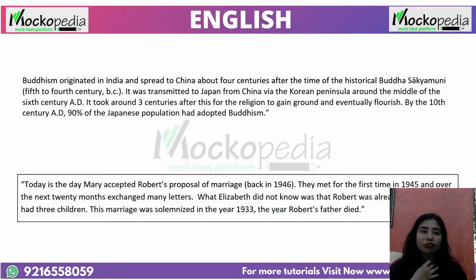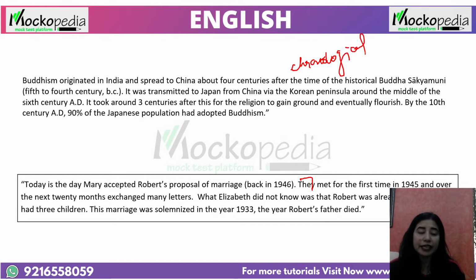We'll take a look at some of the paragraphs to help you understand. So if you are able to see this first example, this is where chronological order is being established. Very interesting. You can give it a read and you'll be able to understand, and then of course we will discuss.